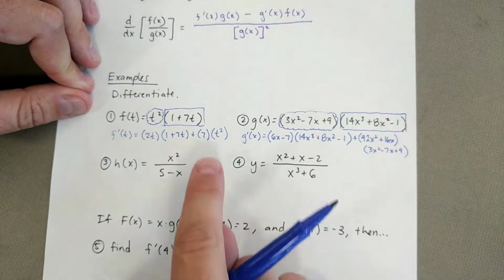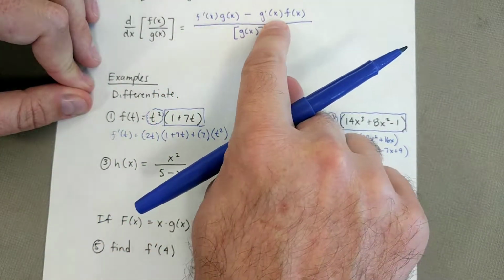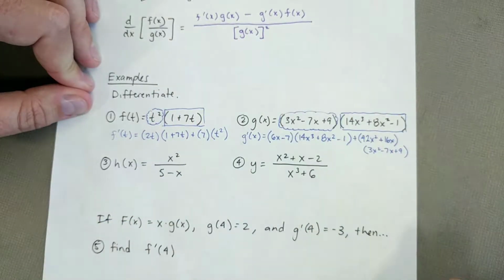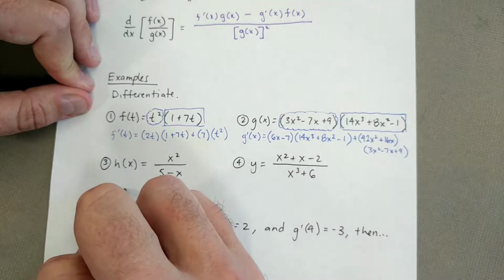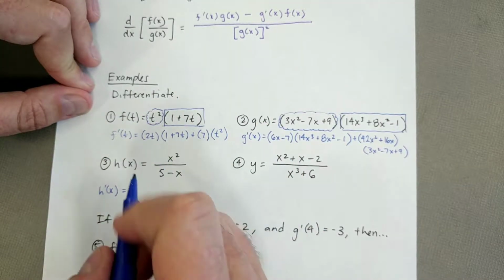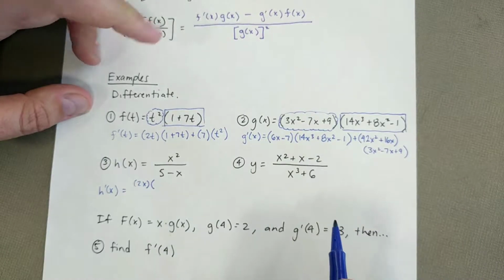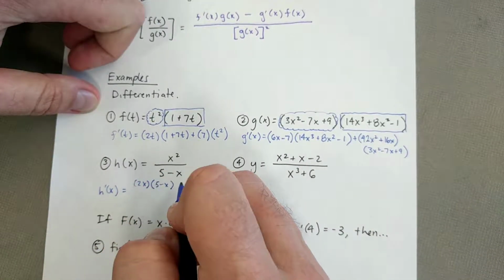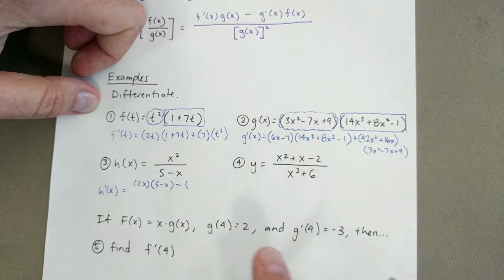So here we want to do derivative of the top times the bottom minus derivative of the bottom times the top all over the bottom squared. Okay, so let's see what we get here. So h prime of x is, the derivative of the top is going to be 2x, and then times the bottom, so just 5 minus x, subtracted by the derivative of the bottom.